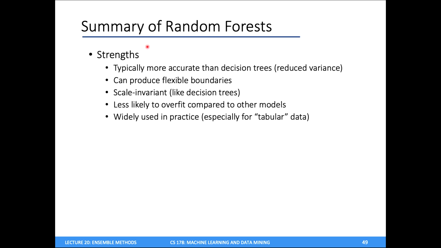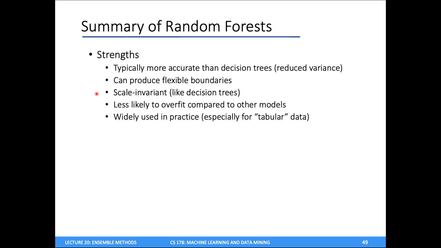Okay, so let's summarize random forests. The strength of using a random forest over a single decision tree is that you often get significantly better accuracy compared to just a single tree. This comes from a reduction in variance in the model. These models can produce very flexible decision boundaries. They're also scale invariant, just like decision trees, so we don't need to pre-process our data.